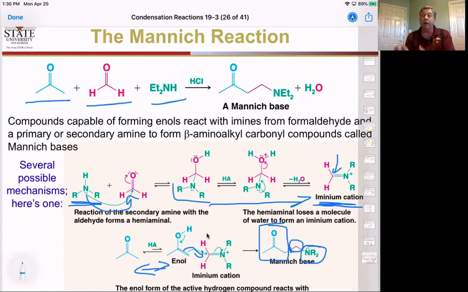We added another carbon on one of those alpha carbons that came from the aldehyde here, and we still have the nitrogen cation. Notice it's not like in the imine reaction where we hydrolyze off the amine. The fact that we're not regenerating a carbonyl compound here is the fact that we're keeping that nitrogen attached to that carbon. Okay, all right, that is the end of chapter 19 and all the different condensation reactions thereof.